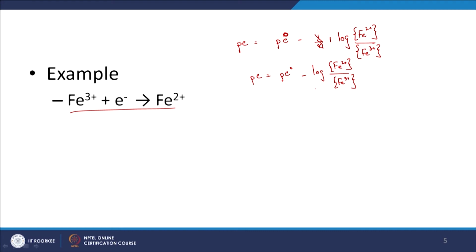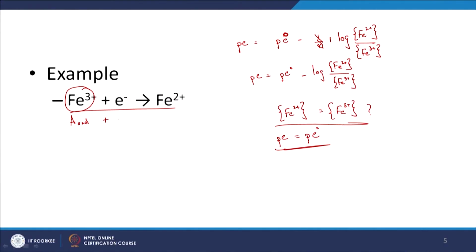And obviously, as we looked at it from the graph, when are the concentrations of the reduced form and the oxidized form going to be equal? That is going to be the case when Pe is equal to Pe naught. So, this is the simplest case, where you have only the oxidized form accepting electrons and the reduced form being formed.